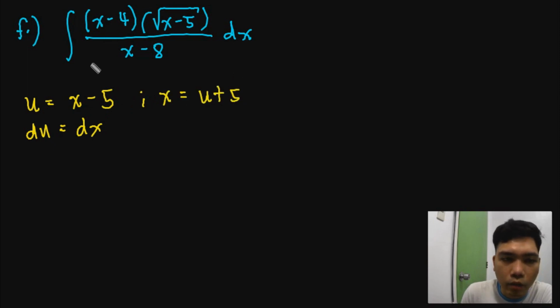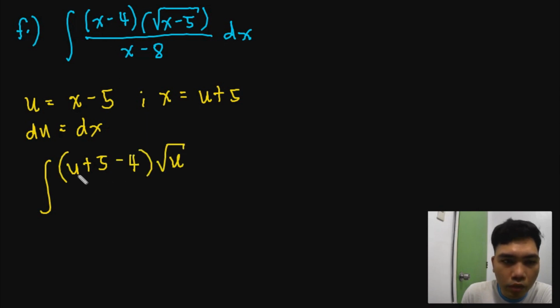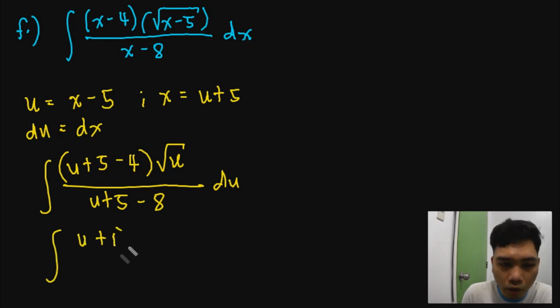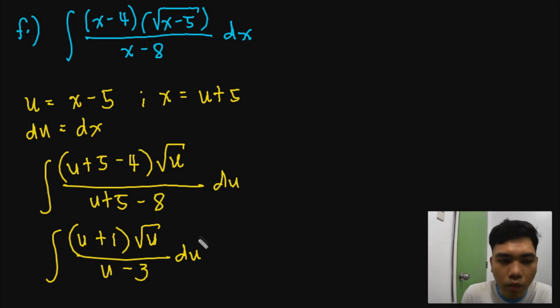Okay, now upon substitution to our original equation, what we have would be u plus 5 minus 4, and then the square root of u, and then divided by u plus 5 minus 8, and then du. So this further simplifies into u plus 1 square root of u, and then divided by u minus 3 du. Now, can you actually simplify this further?